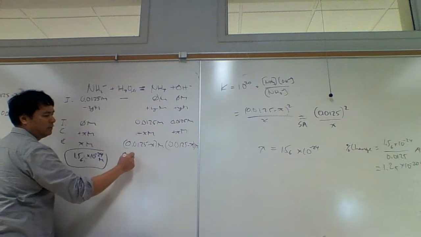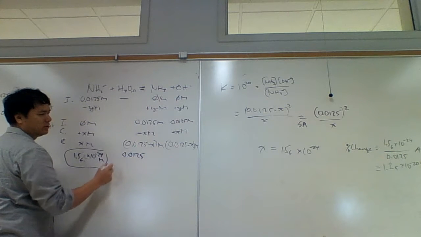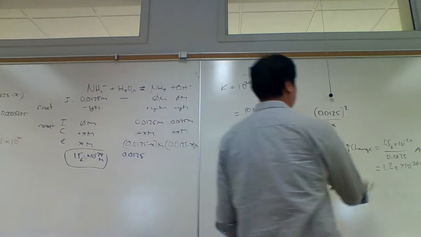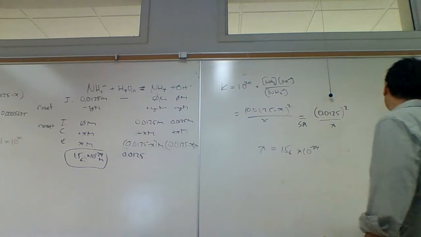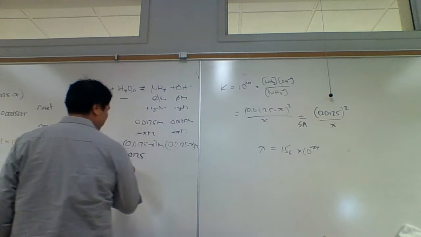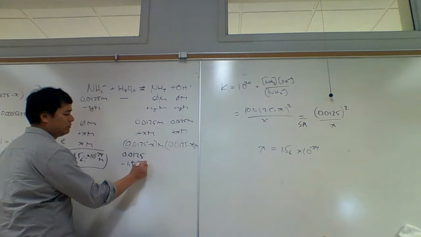And so how much of this do we lose? Let's see how much we lost. So this is going to be 0.0125. I'll do this over here since I might need a little bit more room. 0.0125 minus 1.56 times 10 to the minus 24.